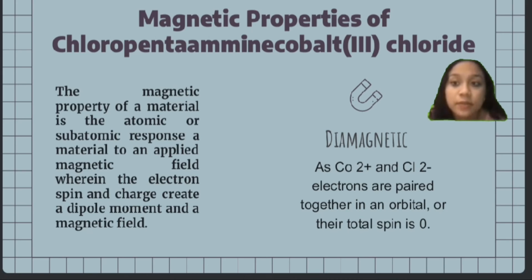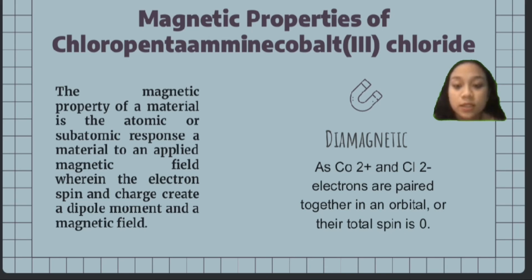Followed by the magnetic properties of chloropentamine cobalt 3 chloride. What is the magnetic property? The magnetic property of a material is the atomic or subatomic response of a material to an applied magnetic field, wherein the electron spin and charge create a dipole moment and a magnetic field. According to the journal that we have synthesized and analyzed, chloropentamine cobalt 3 chloride is diamagnetic.